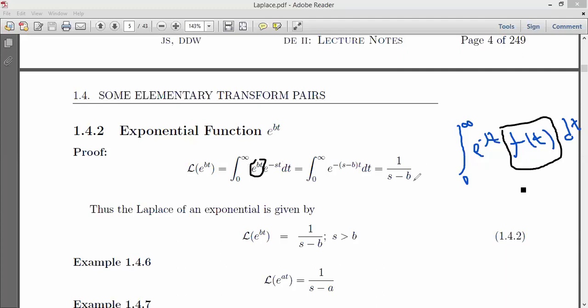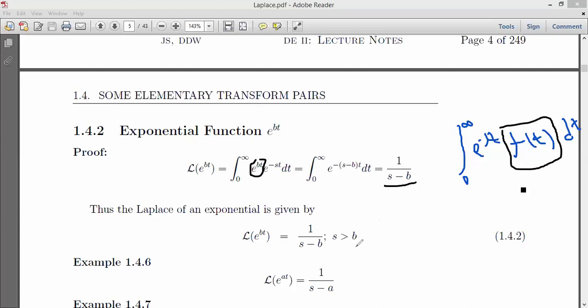So you substitute, you integrate by parts, and you get this one here. So once you have a function e to the bt and you end up with this, then you can easily get the Laplace transform of that function. What would this mean?